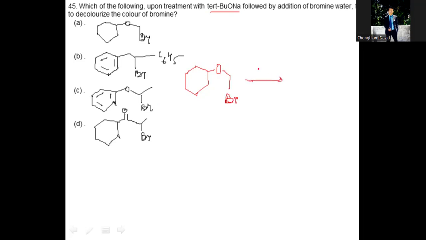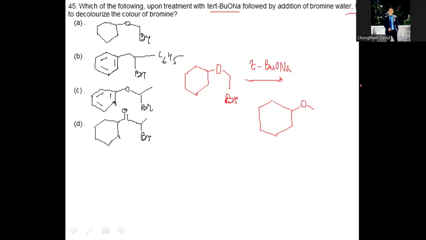Bromine water is decolorized. So what must be happening in this reaction? You will now find the color. The question is saying fails to decolorize.